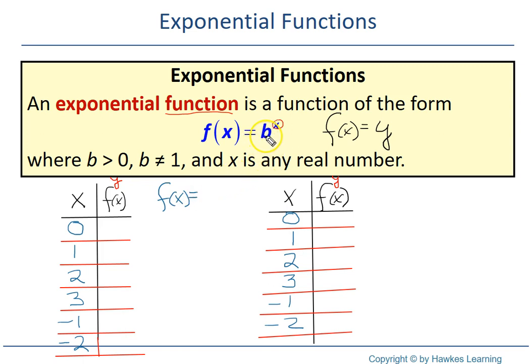We're going to substitute, since b can't be a 1. They have to be numbers greater than 0. But we're not going to use fractions yet, but we'll start with numbers where b is not a 1. But let's say b could be, let's say, a 2.